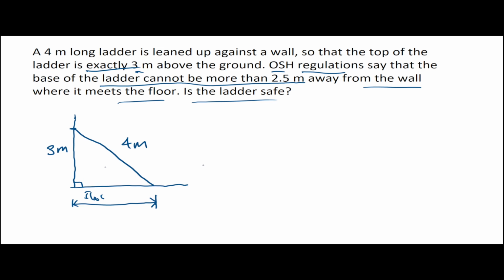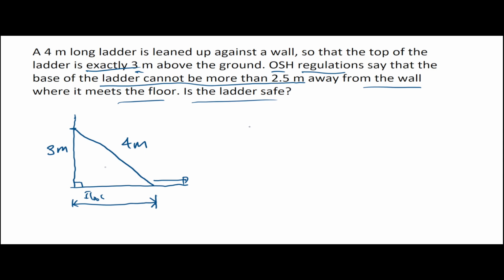If it's longer than 2.5, the ladder will go whoop, and whoever's on the ladder will come crashing down, accelerating towards the ground at 9.8 meters per second squared. Not good. So let's work it out.